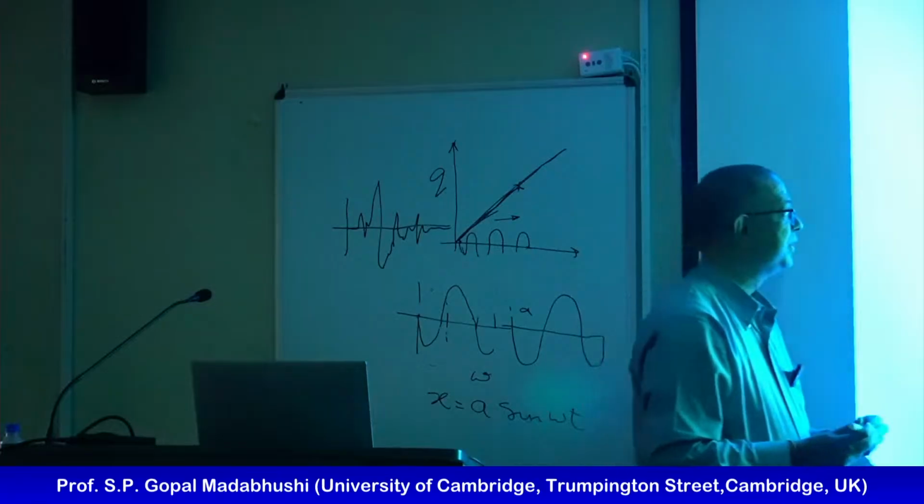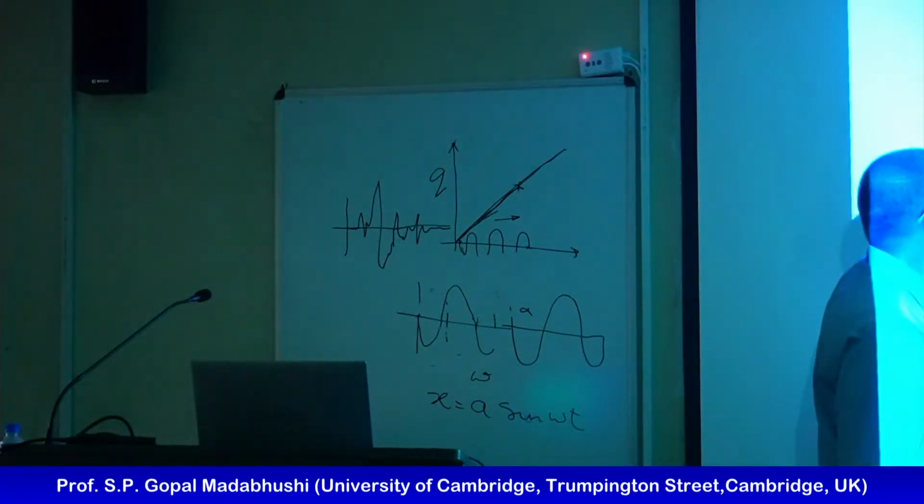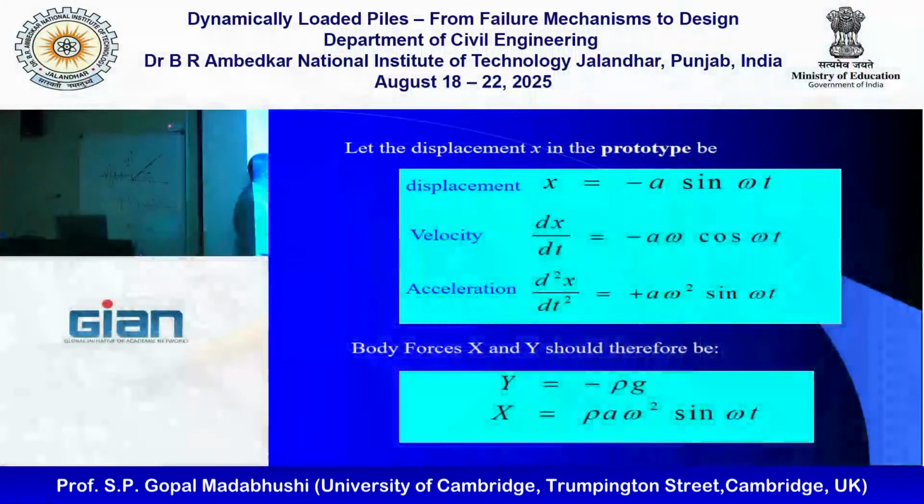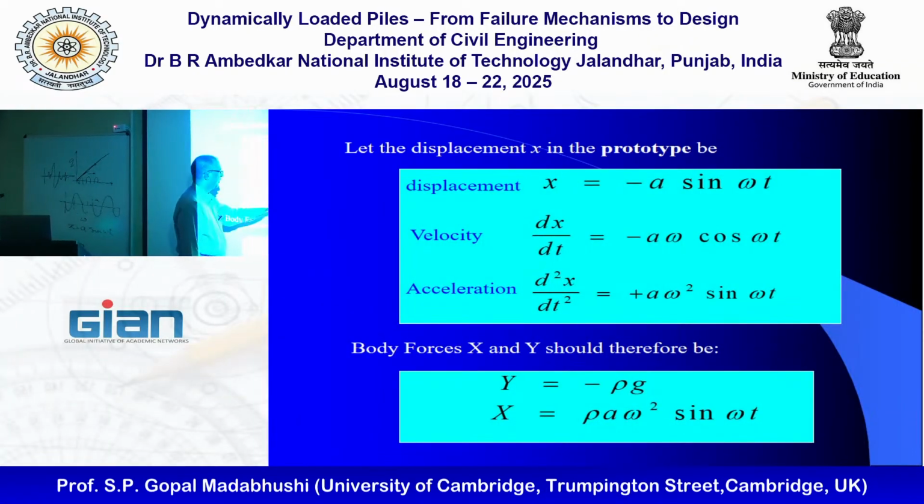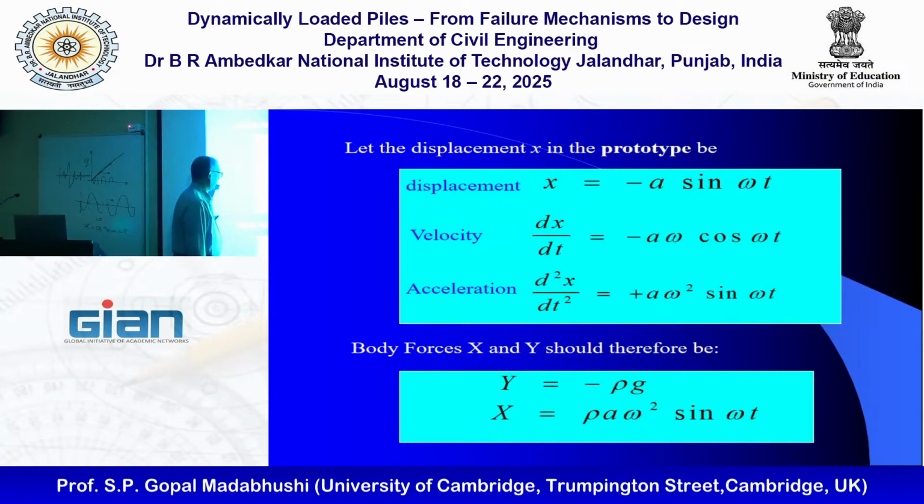So if I write my displacement like that, my velocity will be dx by dt, so A omega cos omega t, and acceleration, differentiating again, is A omega squared sine omega t. So far, straightforward, right? So for my body forces, in the y direction I have gravity, g times rho, where rho is the density.